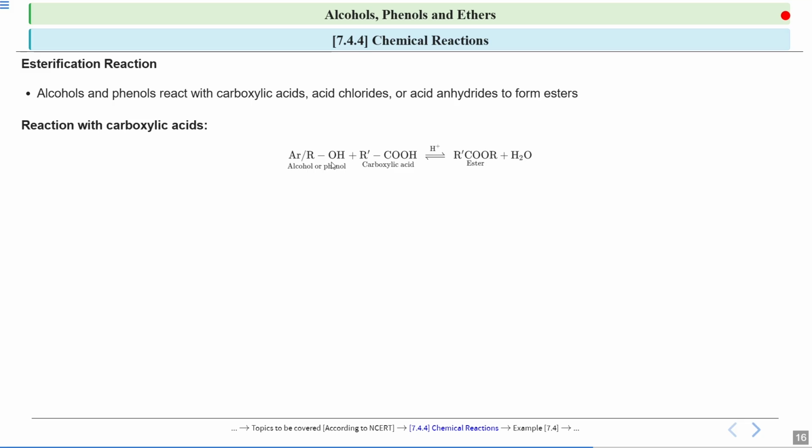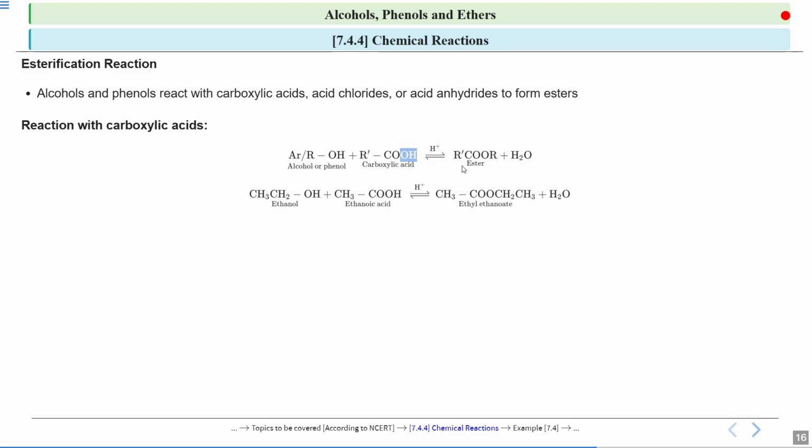So you can see that the OH bond which is there is cleaved. If the OH bond is cleaved, the oxygen is acting as a nucleophile. So you have seen how alcohols and phenols, when they react with carboxylic acid, lose the hydrogen from the alcohol and the OH from the carboxylic acid, that is water, and you get the corresponding ester.